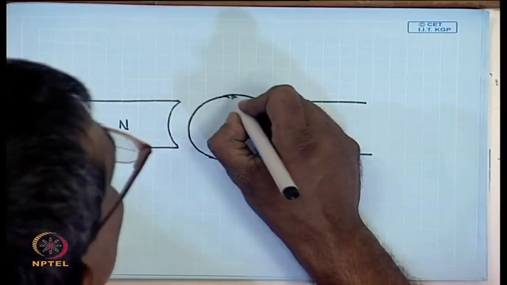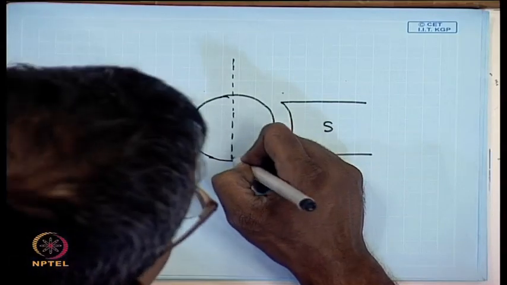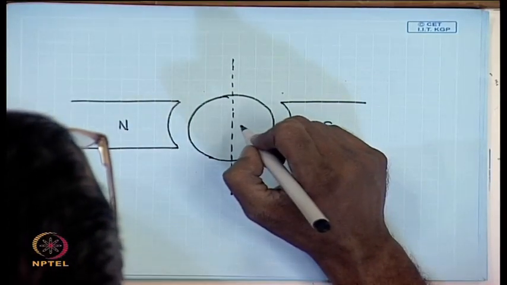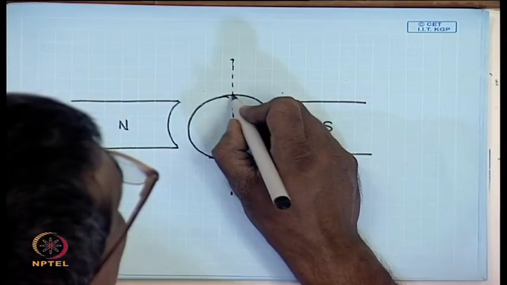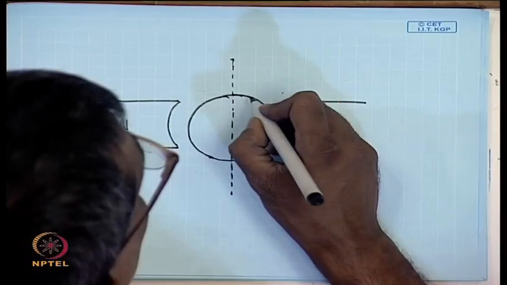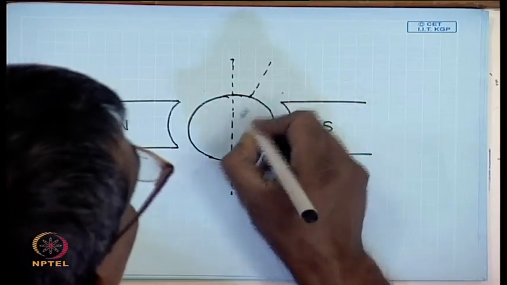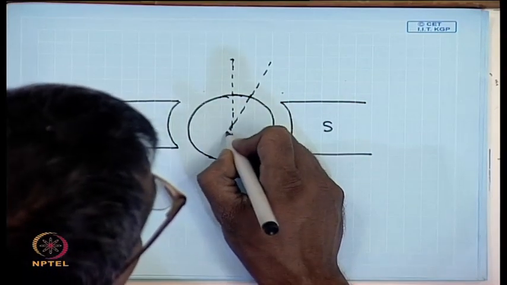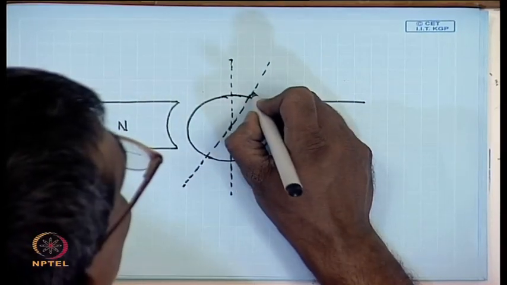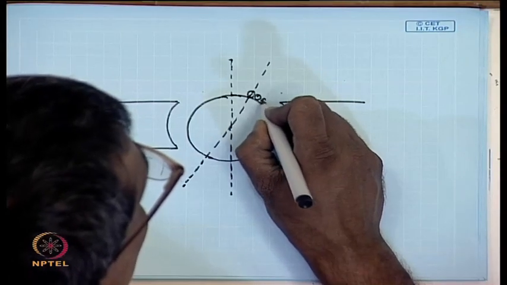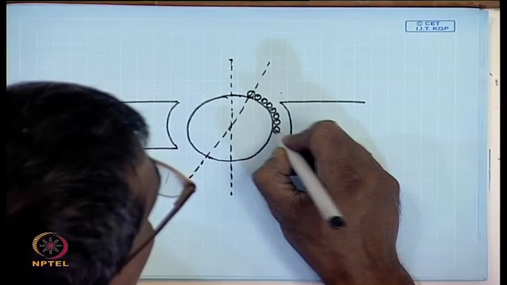Originally, this is the interpolar axis and brushes are supposed to be in this position. However, if there is a brush shift of beta given, then the actual brush position will be this. Now, the current direction in the armature will change accordingly.